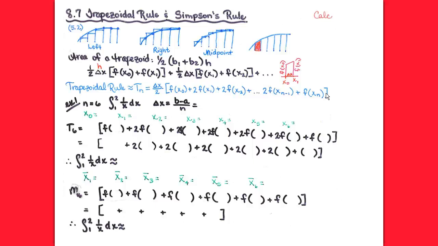Okay, so let's look at example number 1. Example number 1 says, use the trapezoidal rule, and let's go back and review and use the midpoint rule as well, with n equals 5 to approximate the integral of 1 over x from 1 to 2. Now, I'm going to change this problem just slightly, because I would like for us to use the exact same example for trapezoidal, midpoint, and something else that we're going to learn today, Simpson's, because I want us to be able to compare our answers and see which are the best approximations.